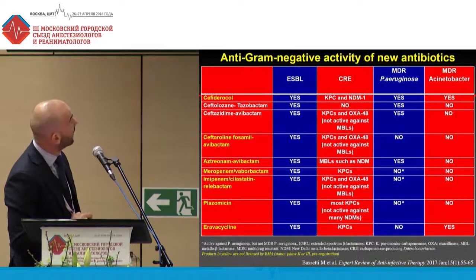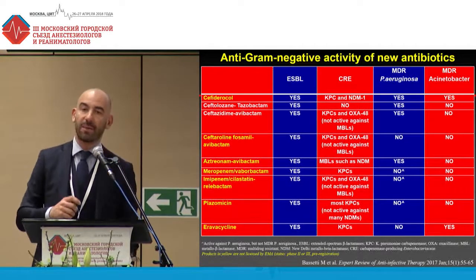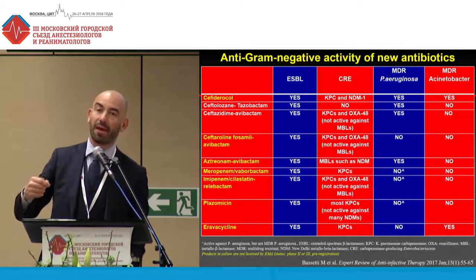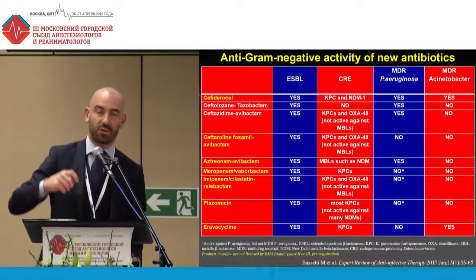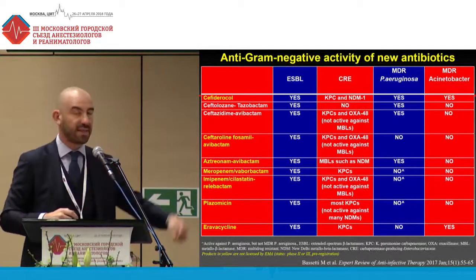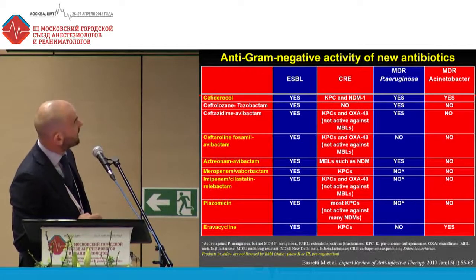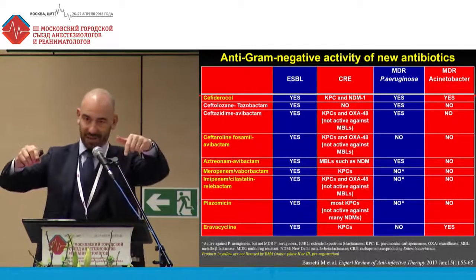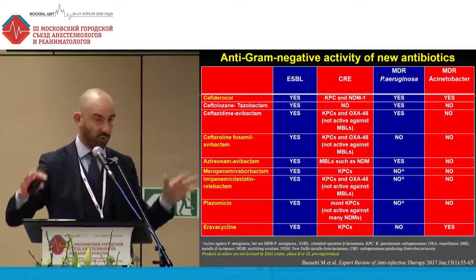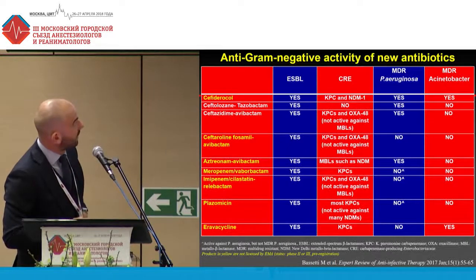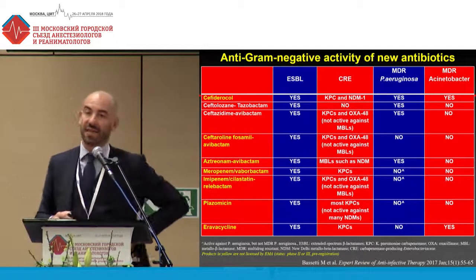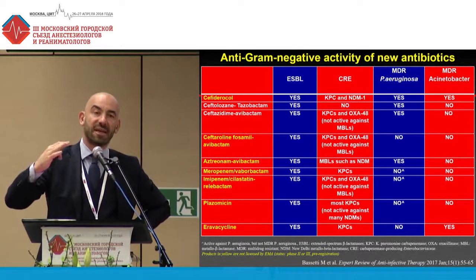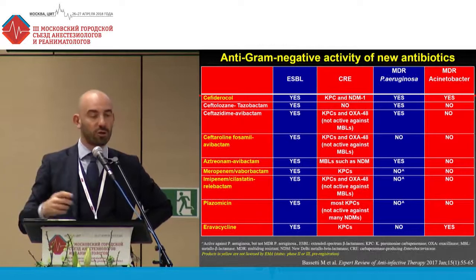Discussing the new ones that are available in Russia, talking about ceftazidime-avibactam. How does ceftazidime-avibactam fit in your epidemiological situation? Ceftazidime-avibactam is active against ESBL, active against KPC and OXA-48, not active against the metallo-enzymes, but in Russia, here in Moscow, you are full of OXA-48, active against MDR Pseudomonas, not active against Acinetobacter. So, in some manner, for ventilator-associated pneumonia, it represents an advantage compared to the old options.